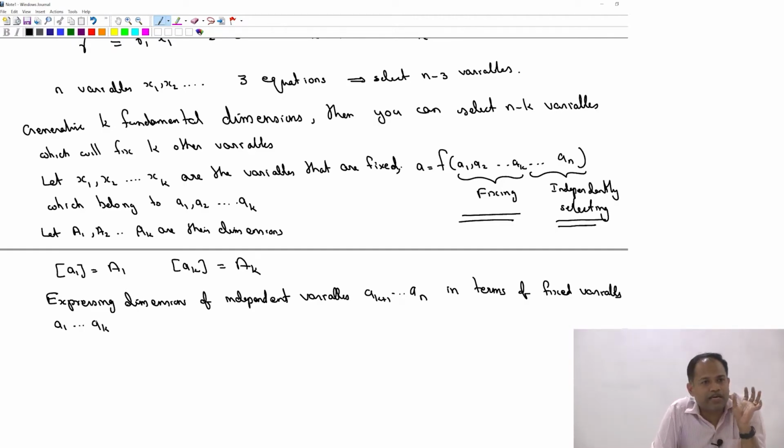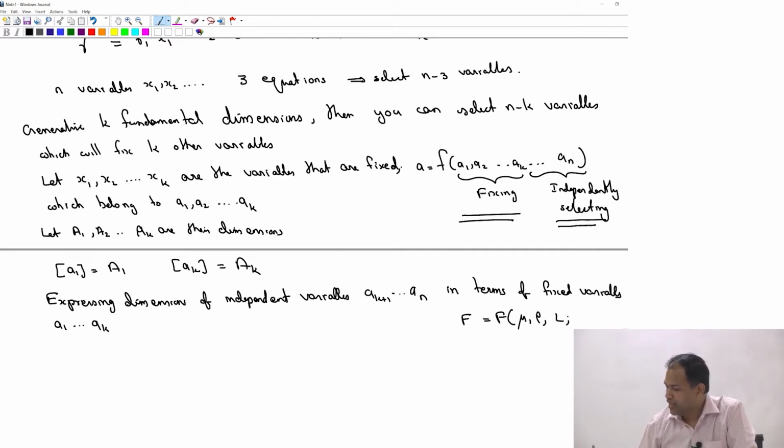So for the first k variables, you have fixed their dimensions. Let's take the problem of force given by, let's say, mu, rho, L, V. Or I'll rewrite it in a different way: L, V, rho, mu.